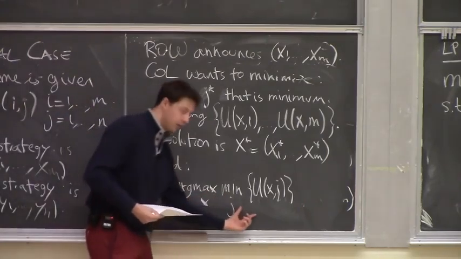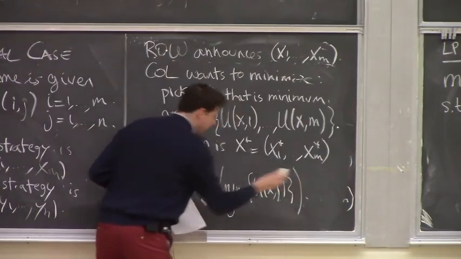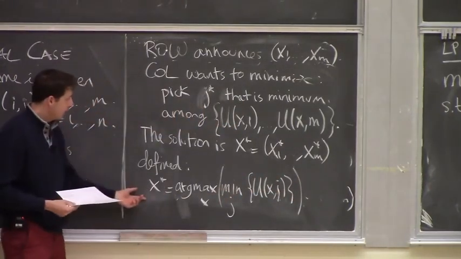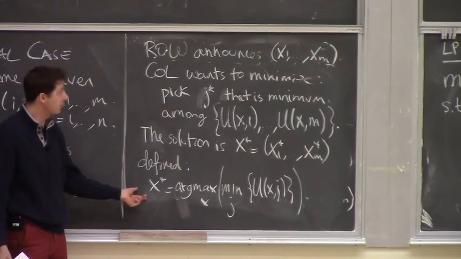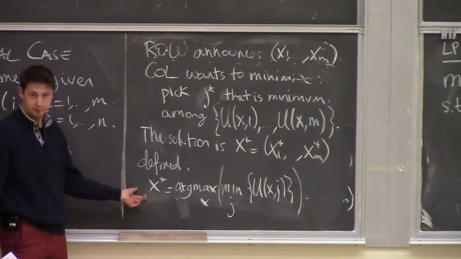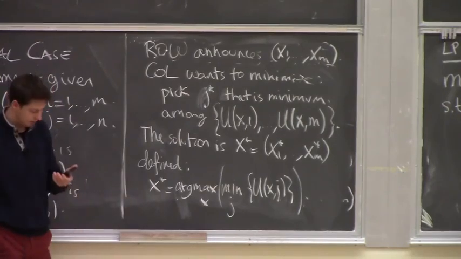Here is the minimum for a given particular x. So this is, in general, the definition of the solution for the row player's strategic problem. Do we agree?